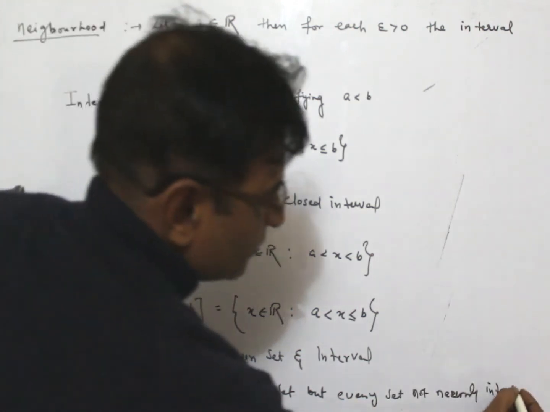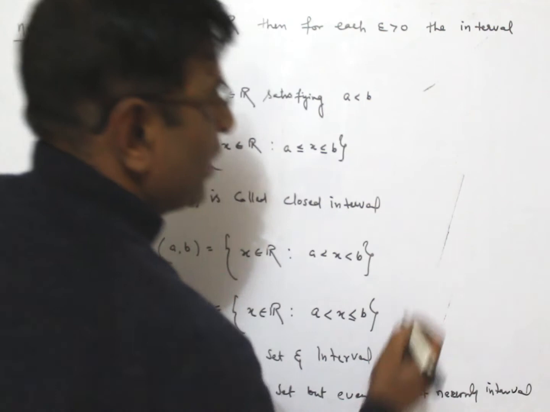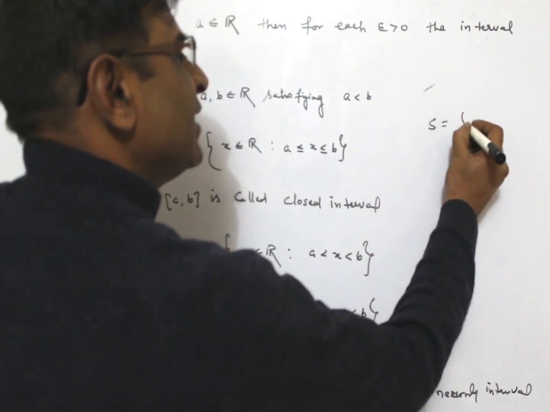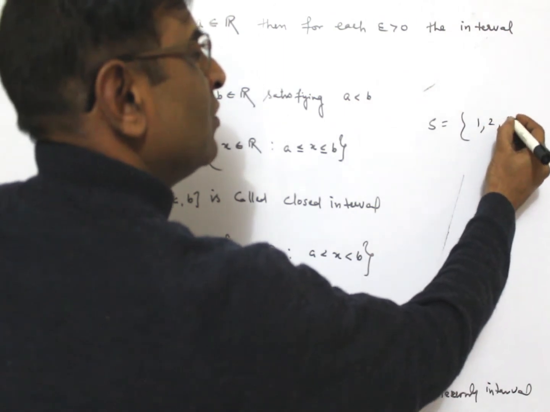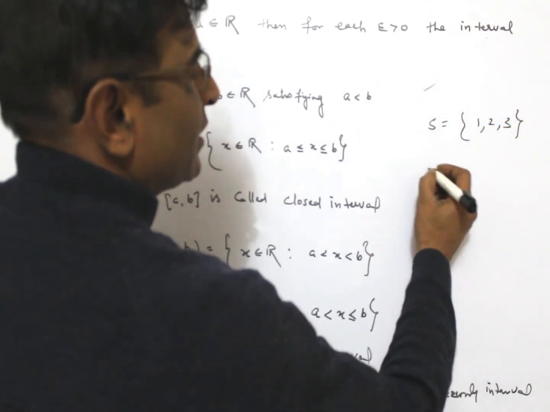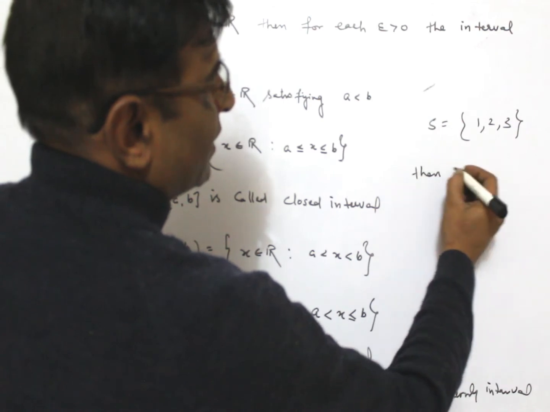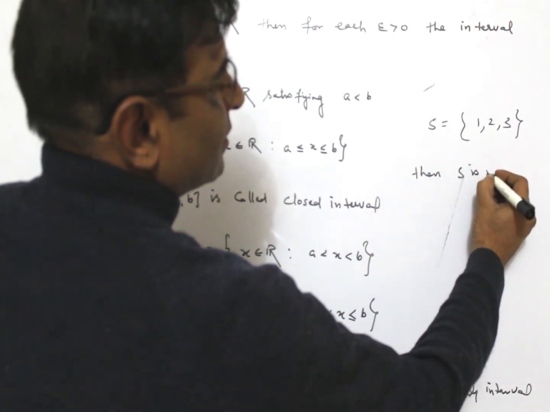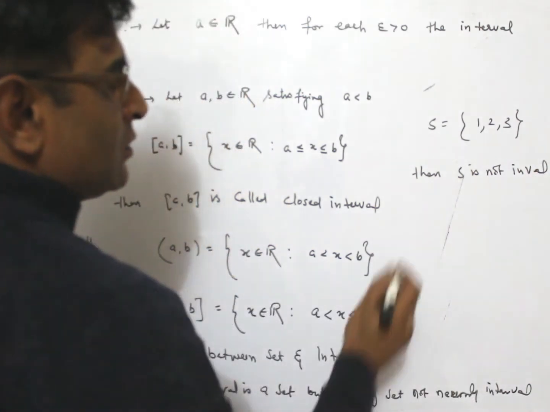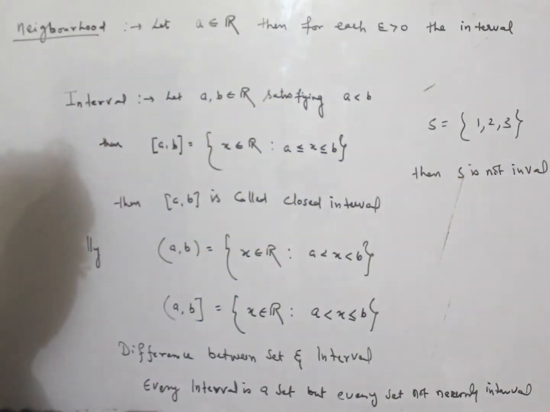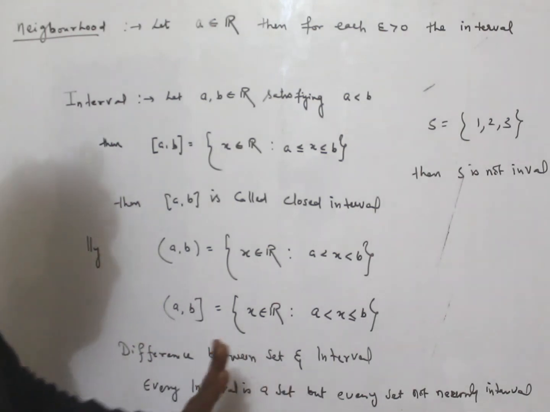For example, if S is a set which contains elements 1, 2, 3, then S is not an interval. So this is the counterexample, but every interval is a set.